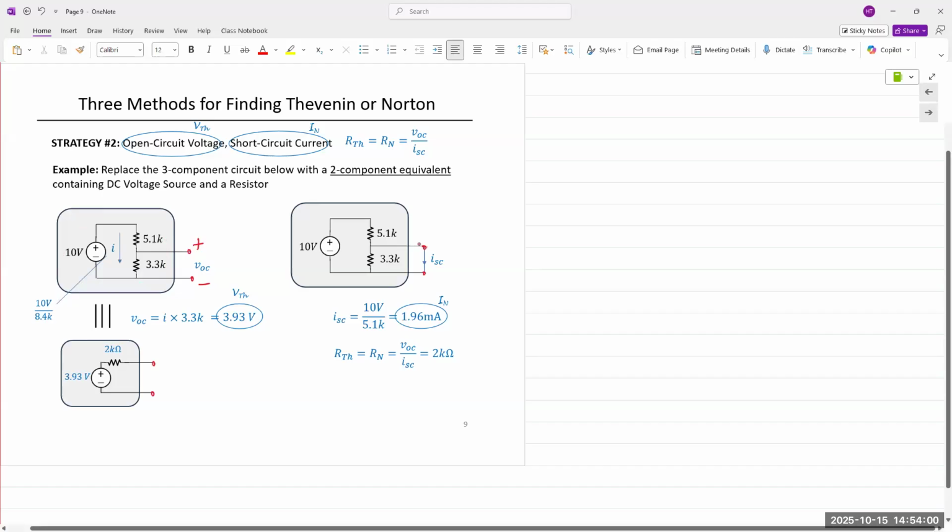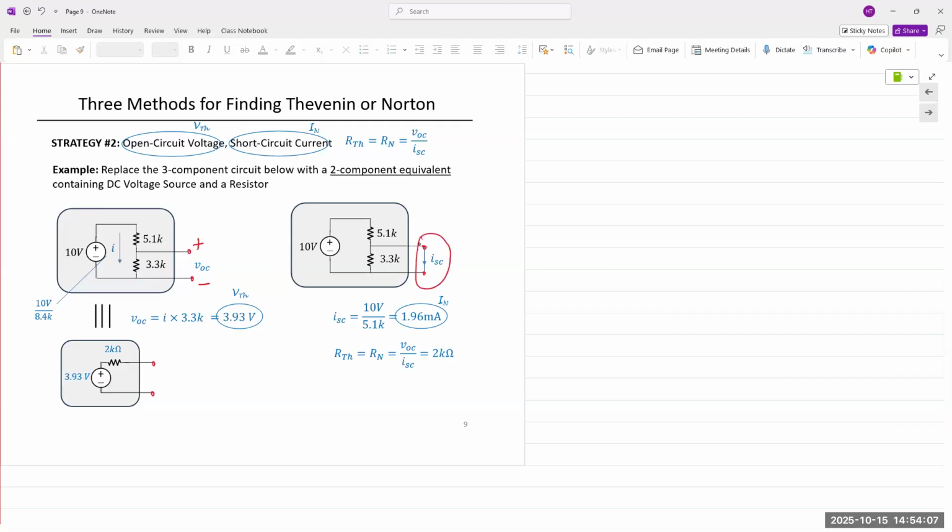And then if you wish to find the Norton current, then we must place a short circuit wire between those two pairs of terminals and analyze the circuit again to calculate ISC, the current that flows through that short circuit. And that ISC is our Norton current.